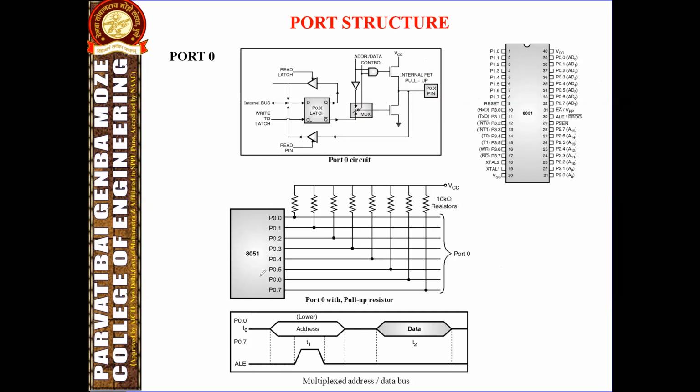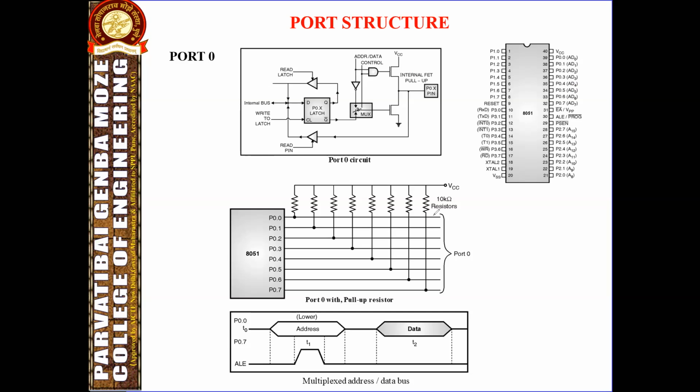Here, in order to use the pins of port 0 as input and output, each pin must be connected to a 10 kilo ohm pull-up resistor. These are the pull-up resistors connected in between VCC and each port pin. Port 0 is used as a multiplexed address or data bus for the external memory.